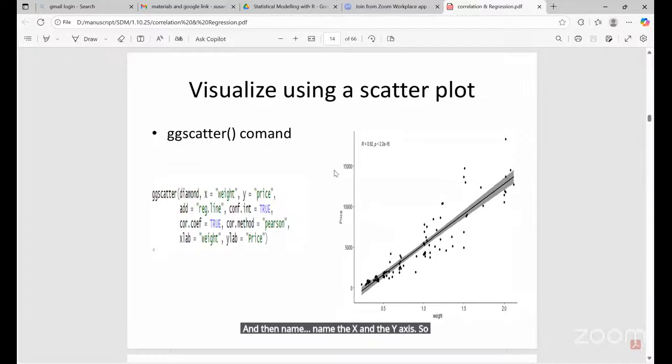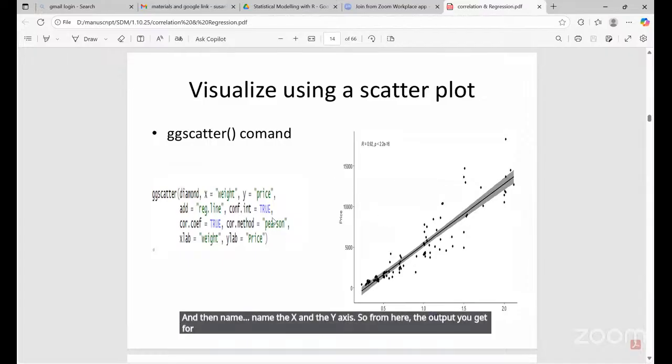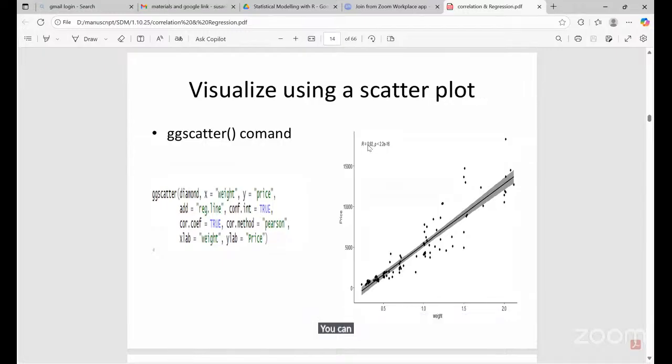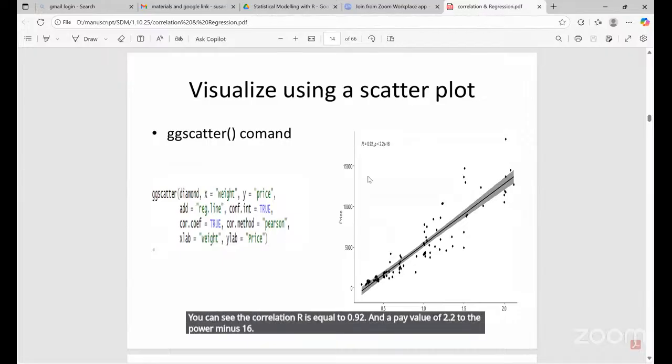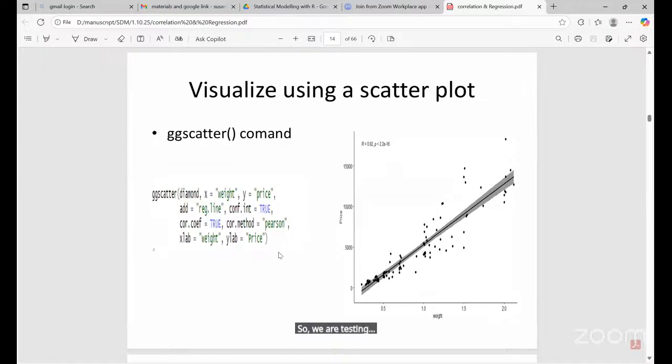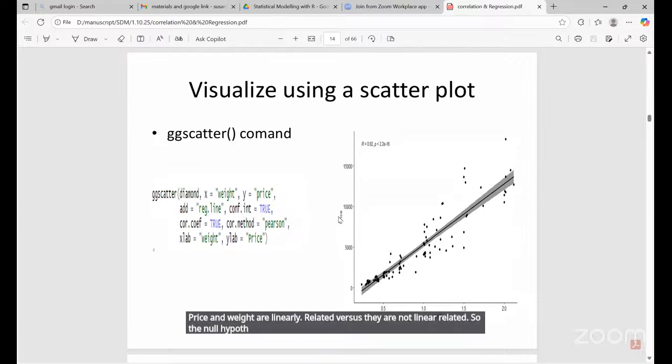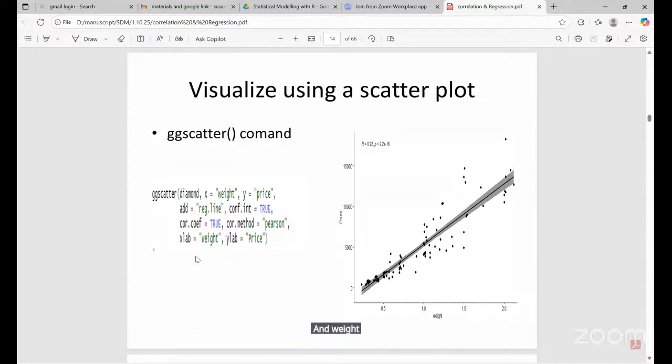From here, the output you get for this particular data, you can see the correlation R is equal to 0.92 and a p-value of 2.2 to the power minus 16. We are testing the statement that price and weight are linearly related versus they are not linearly related. The null hypothesis is that price and weight are not linearly related, while the alternative says they are linearly related.